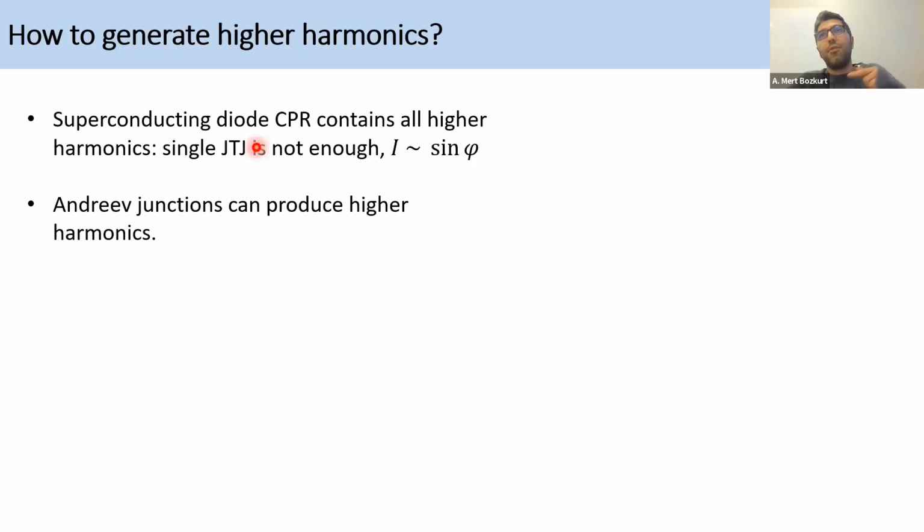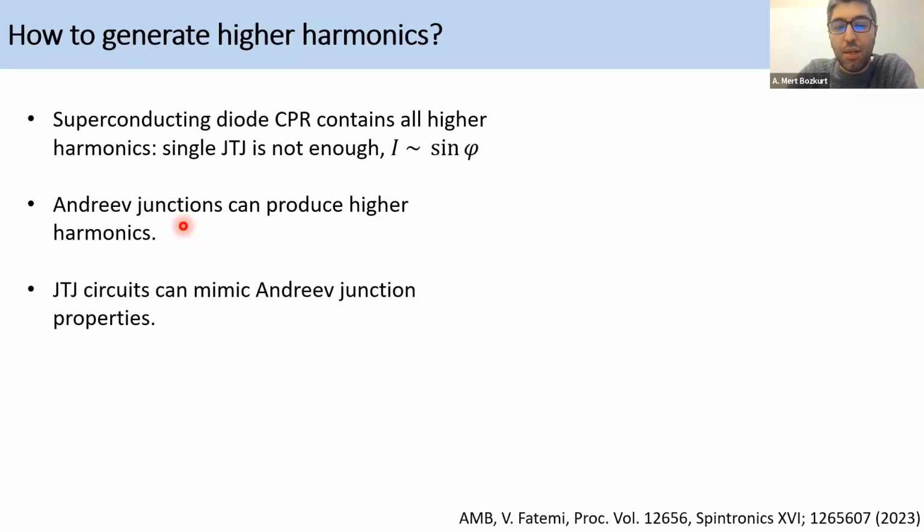And if you also remember the first slide that I showed you, Andreev junctions in principle can produce higher harmonics depending on the transparency. So that brings up a question. In the literature, you can find that some Josephson tunnel junction circuits can actually mimic Andreev junction properties.